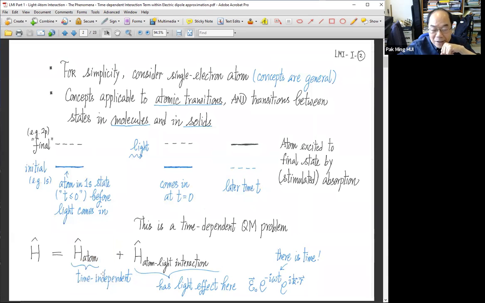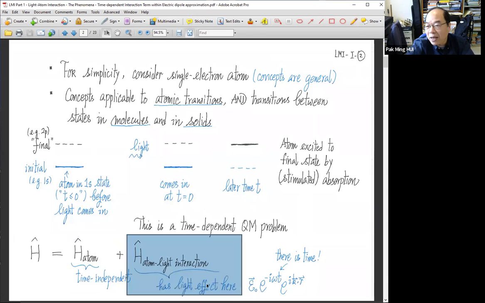But once we think about light interacting with an atom, we have an additional term in our Hamiltonian. We have a light interaction, an atom-light interaction term.